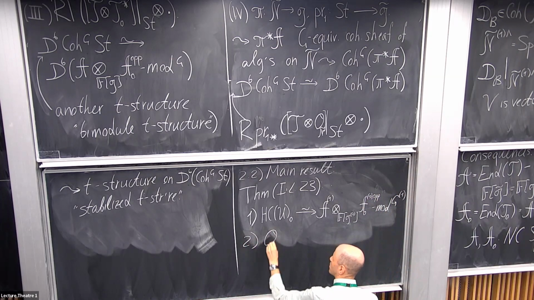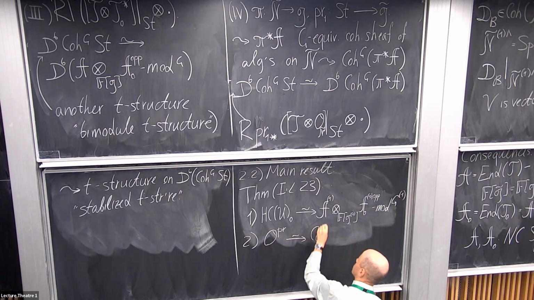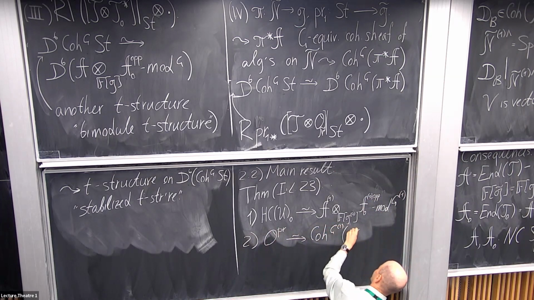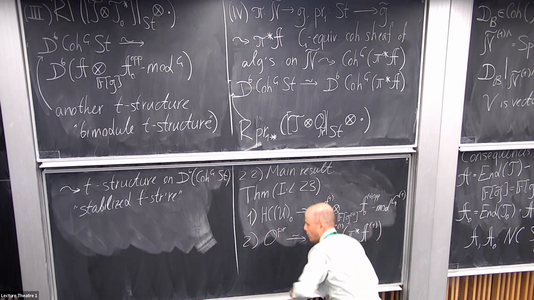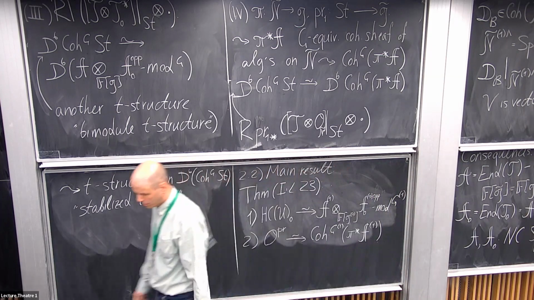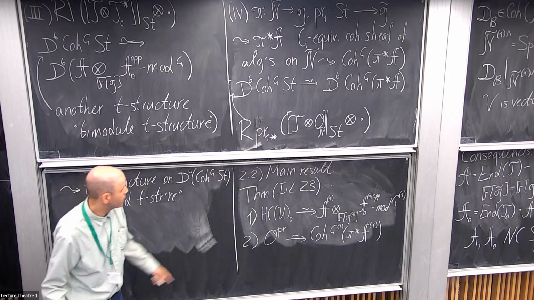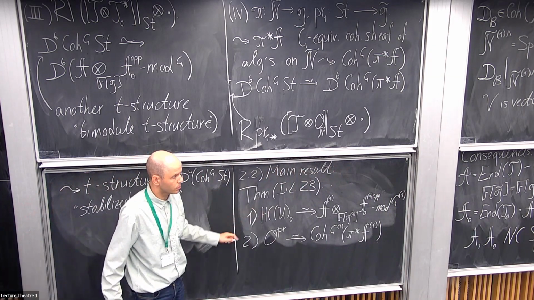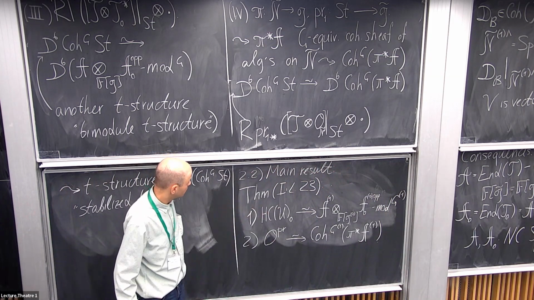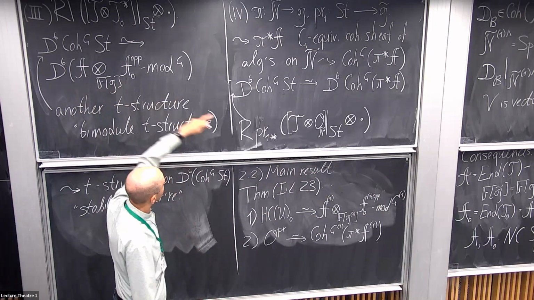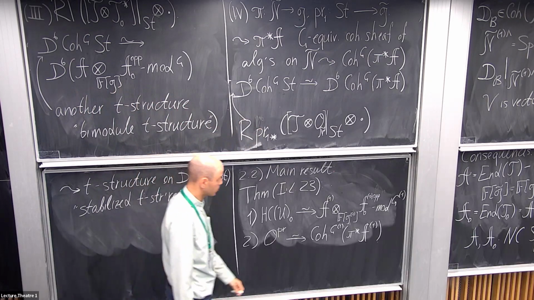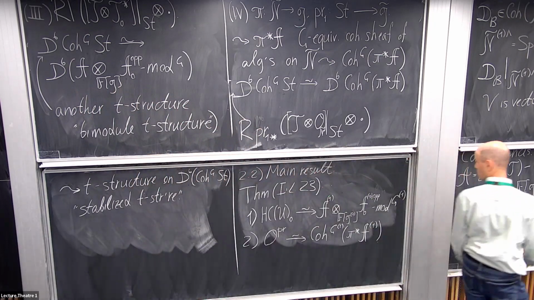And the principal block of category O is equivalent to the heart of the stabilized T structure. Again, Frobenius twisted. And it's actually these abelian equivalences which are being proved. Then they imply derived equivalence thanks to these consequences.